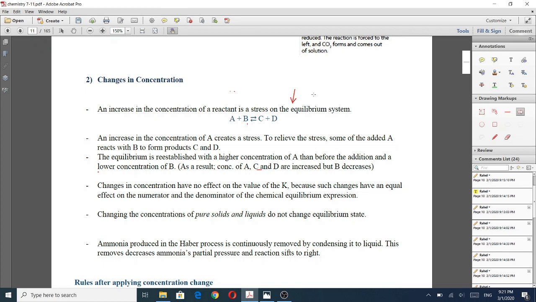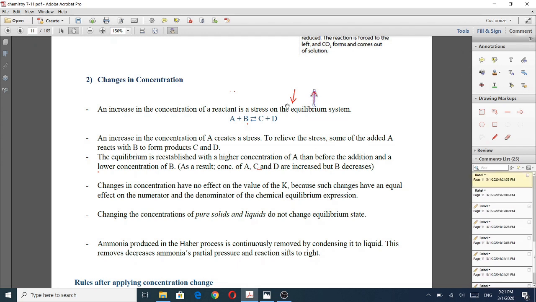All right, if concentration of D is increased like this one, let's delete this one.